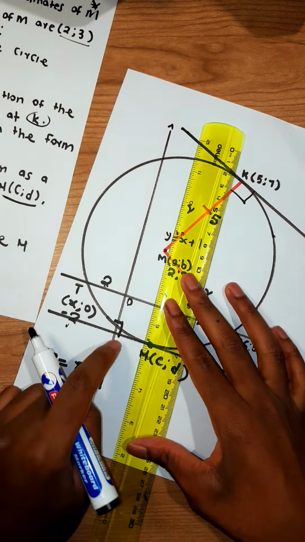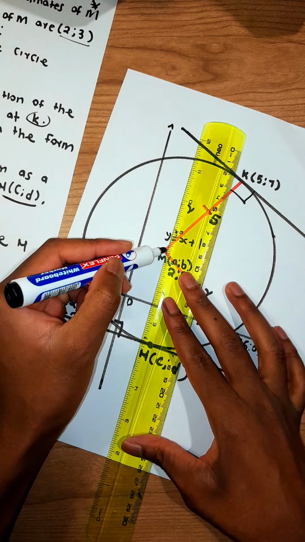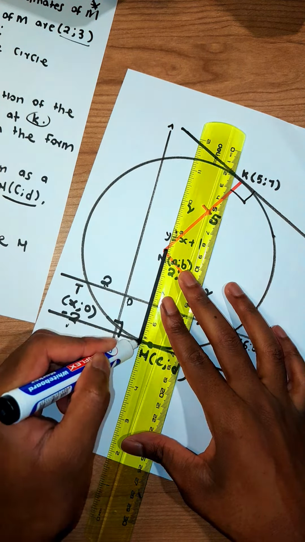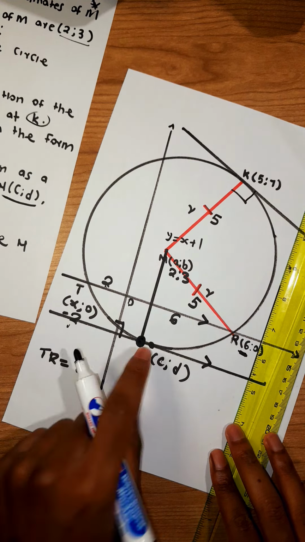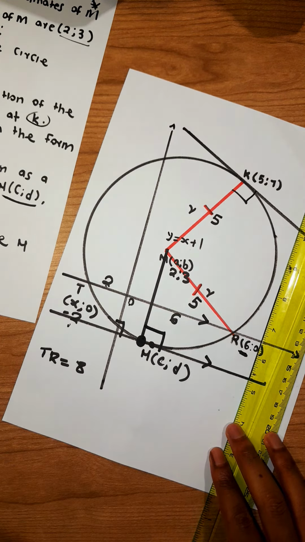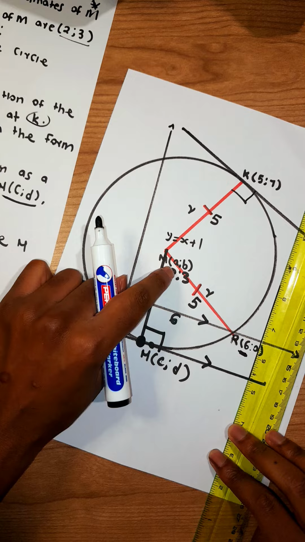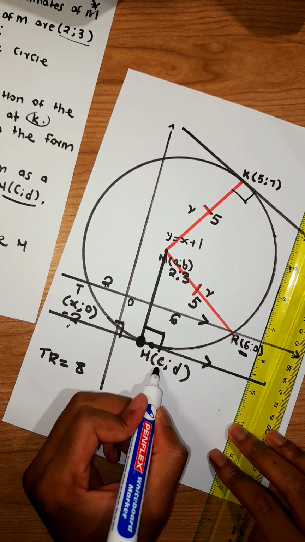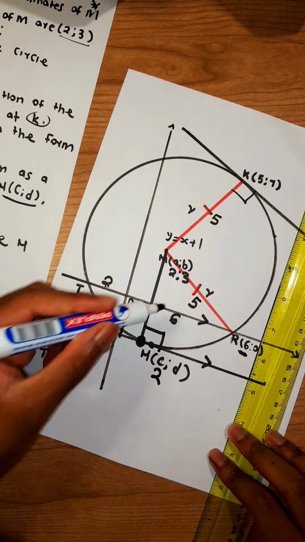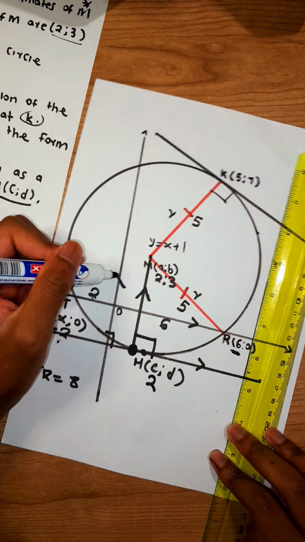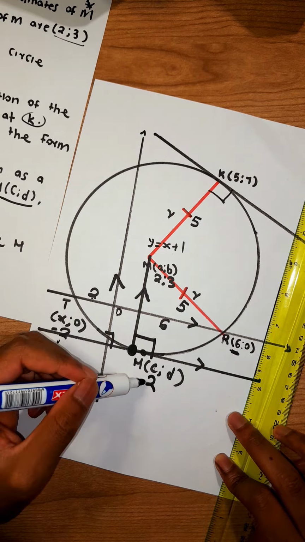This is the point, by the way. I've just made a mistake if I draw it here. This is the point, so it has to be like this. So the value of C is going to be positive 2, right? If these two are parallel as well, the value of C is also positive.